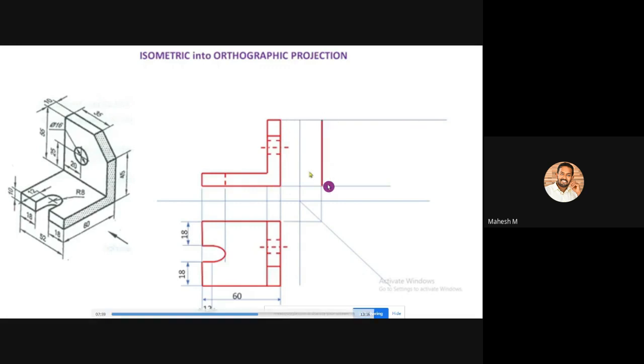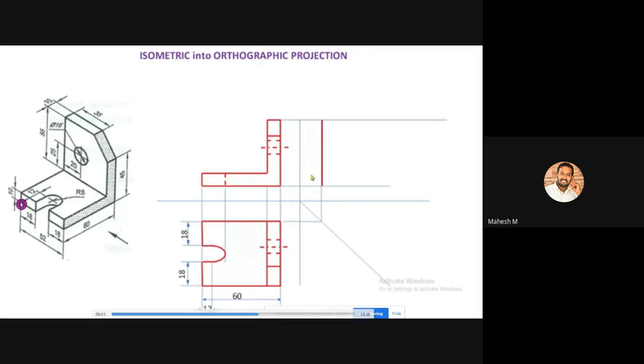Please remember one thing: the extra projection lines should be erased at the end of your diagram. What is our next condition?